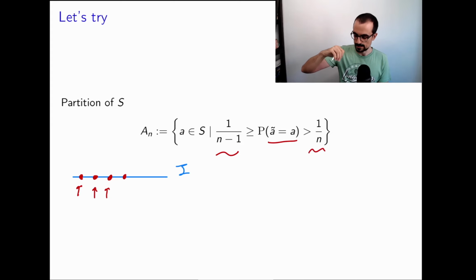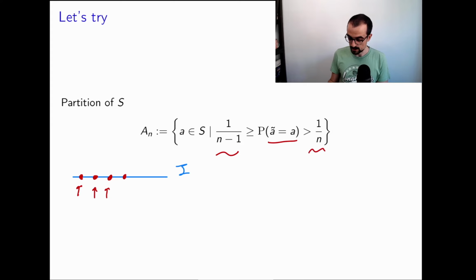N equals 3 is probabilities between 1/3 and 1/2. N equals 4 is probabilities between 1/4 and 1/3, and so on and so forth.